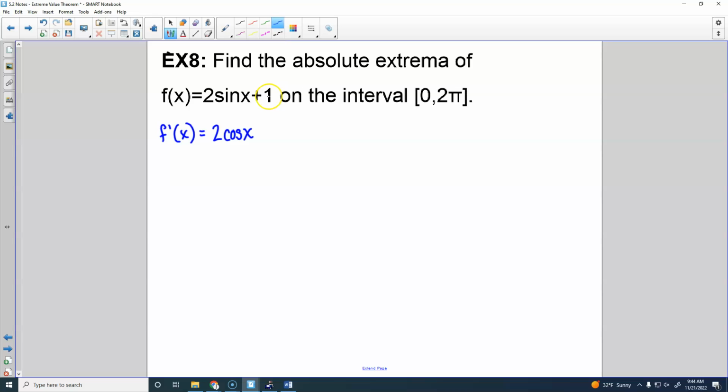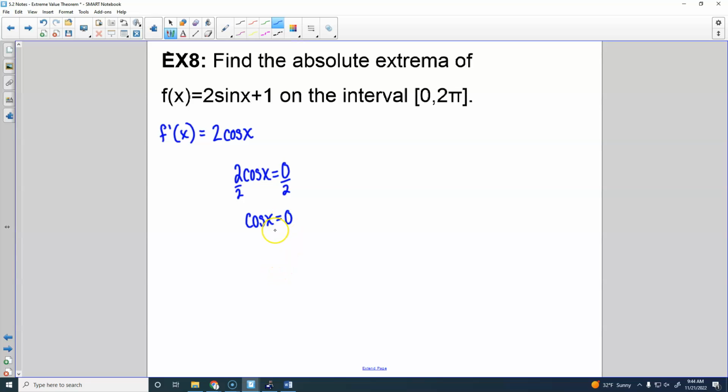Derivative of 1 is 0. It's going to go away. So we want to know where this is 0 or undefined. Is cosine ever undefined? It is not, so we're just going to have 2 cosine x equals 0. If we divide off that 2, we got cosine x equals 0.